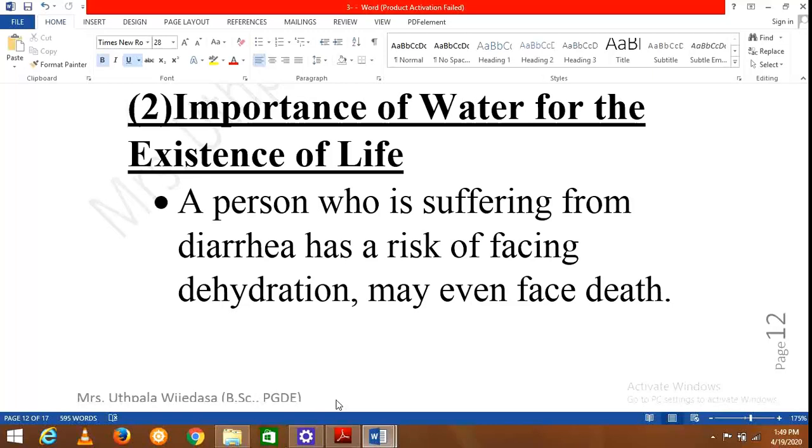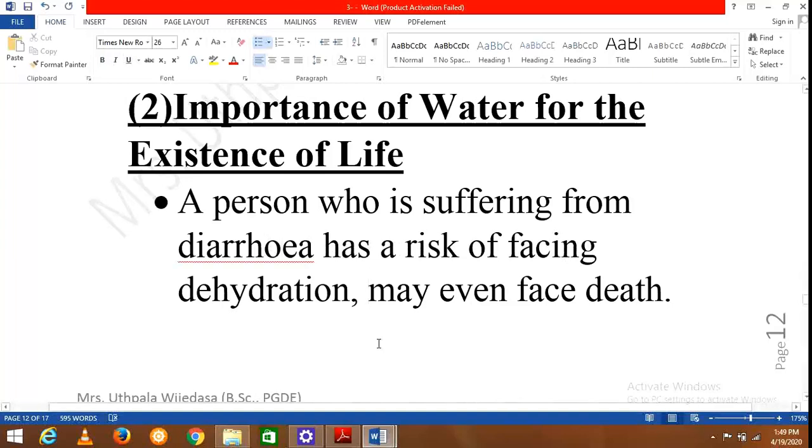A person who is suffering from diarrhea has a risk of facing dehydration, and may even come up with death. The reason is during diarrhea as well as during vomiting, there is a heavy loss of water from the body.